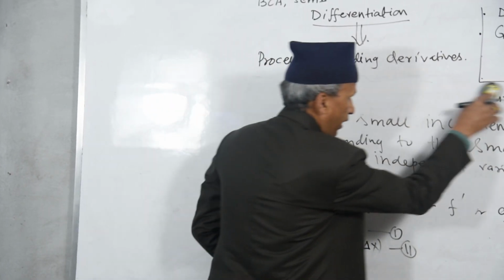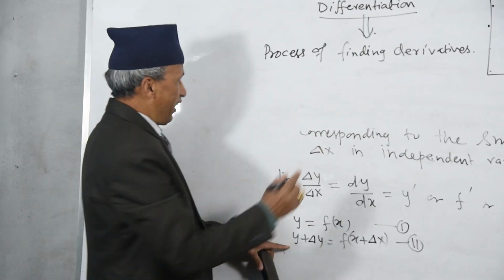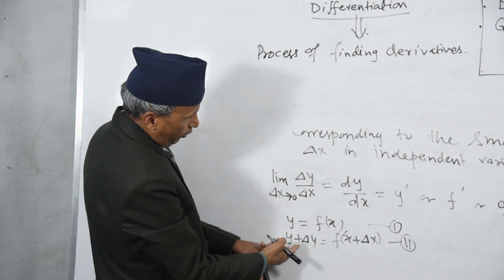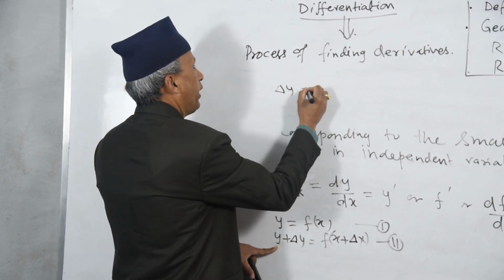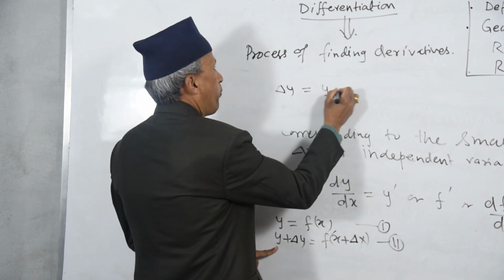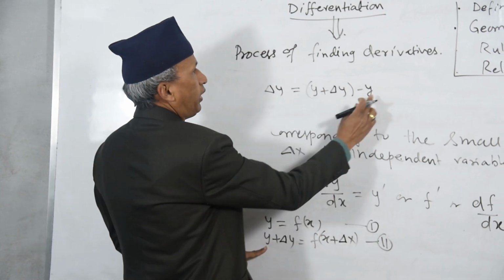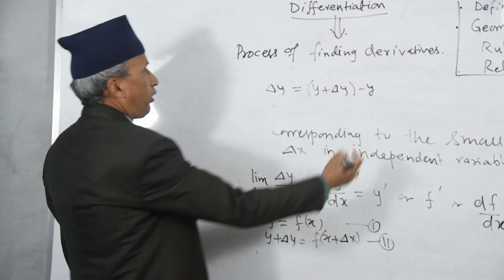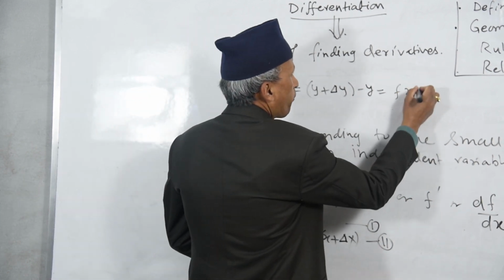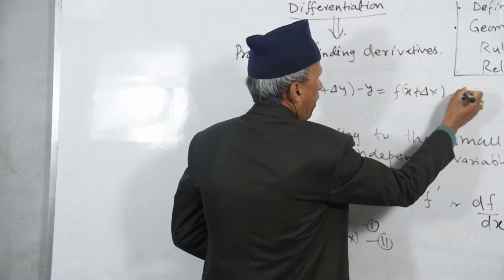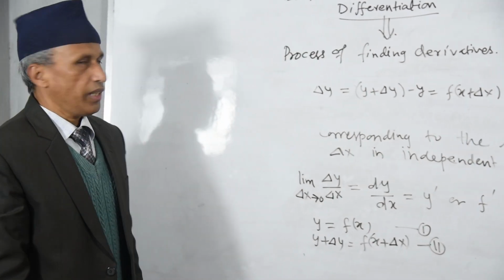Is it clear? If you subtract, delta y means y plus delta y minus y. These two y cancel. So this is equal to f of x plus delta x minus f of x.